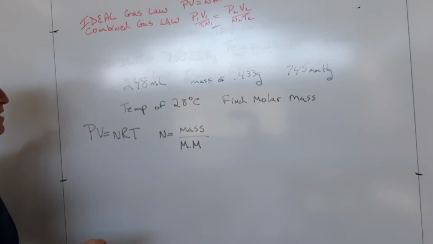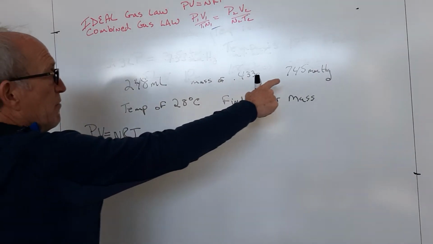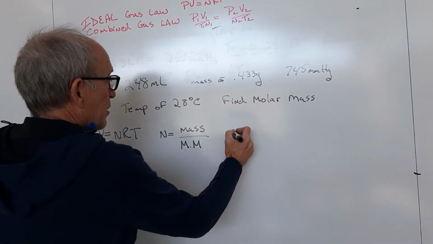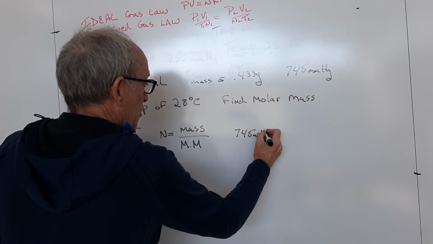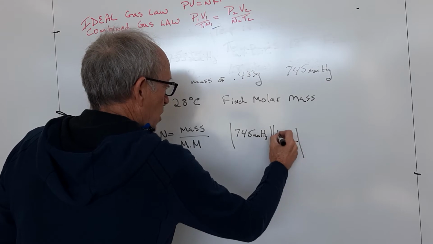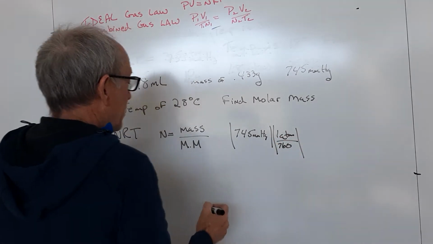And that's what I'm going to do. So my pressure is 745 millimeters of mercury. I need to change that to atmospheres, so I'm going to multiply 745 millimeters of mercury times 1 atmosphere over 760. That will give me my pressure.